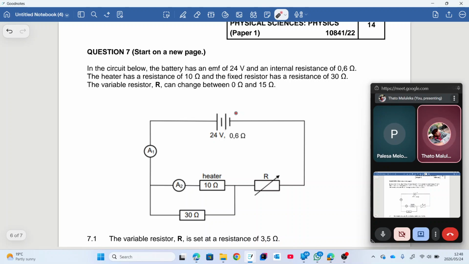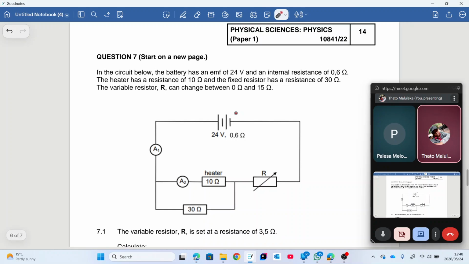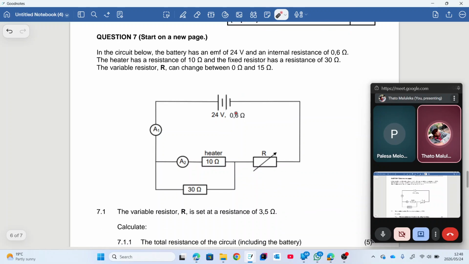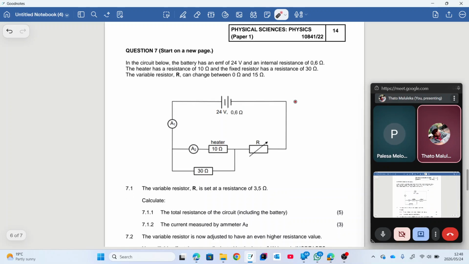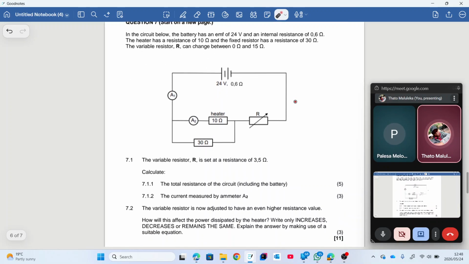Okay, I'm going to give you maybe 2 or 3 minutes just to read the question so that when I solve, you can move along with me as I'm reading and solving. Okay, just read and understand the situation.